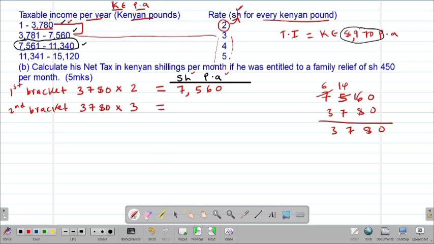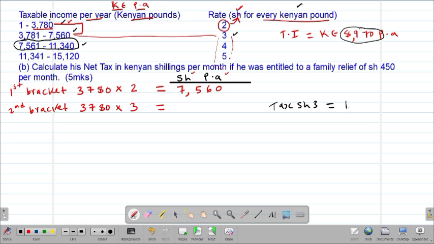Remember, the interpretation in this particular case is that a tax of now 3 shillings is being paid for every 1 Kenyan pound that is being earned. So what about 3780, which of course is in Kenyan pounds per annum, that is being earned?